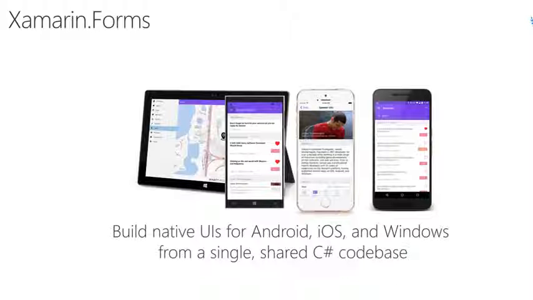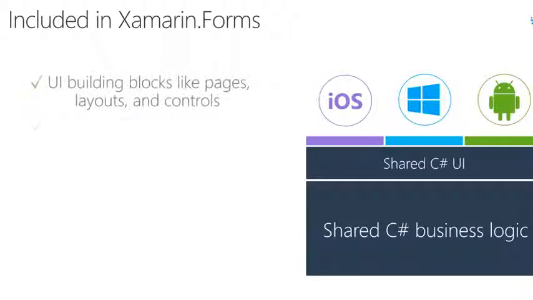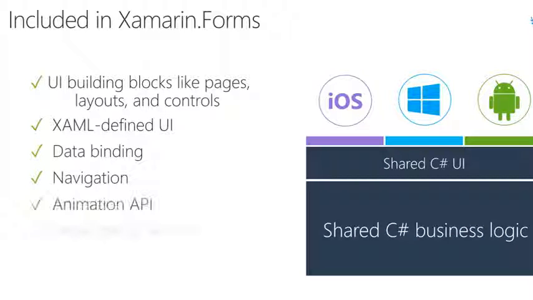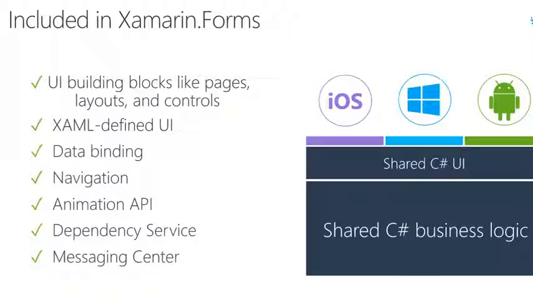Now, next I want to introduce you to Xamarin Forms. So Xamarin Forms is going to give you the power to share not just your business logic, but your UI definition cross-platform as well. Now it has over 40 UI elements that you can use to create your UI. And all of these will create the appropriate native control on each platform. And we'll see how this works in just a minute. And with Xamarin Forms, you can define your UI in XAML.